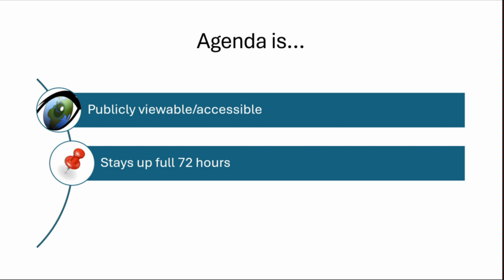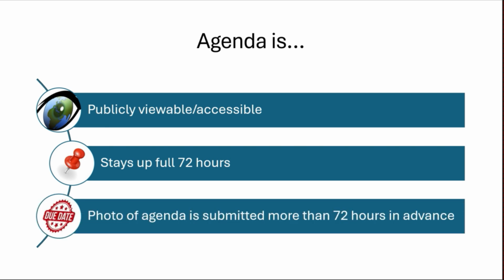So plan for it to be in a location it can remain up for those 3 days from the time you post it until the time you attend the meeting. And then finally, the photo of the agenda being posted needs to be submitted more than 72 hours in advance of the meeting.